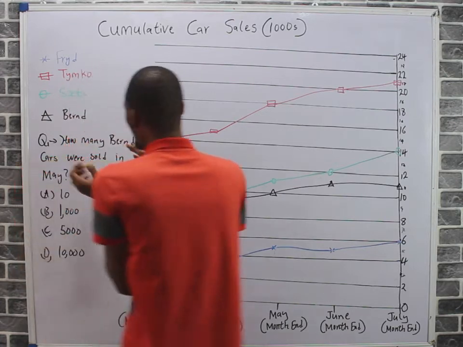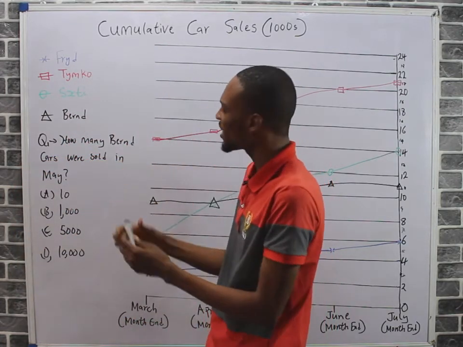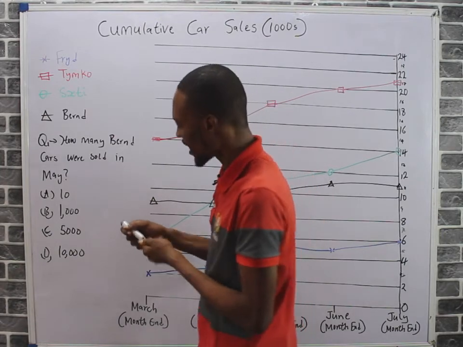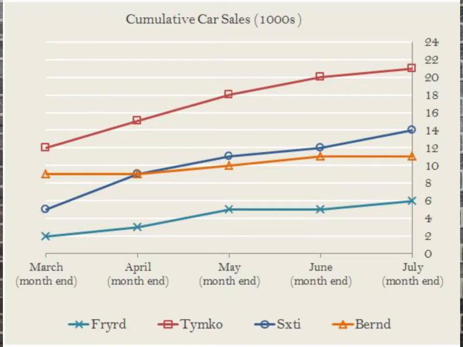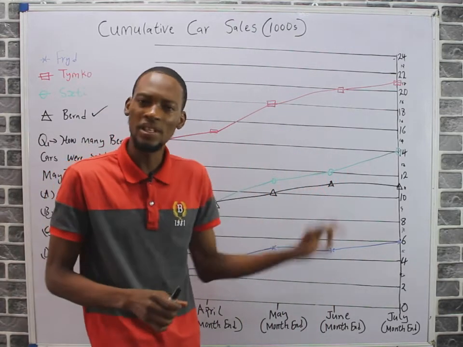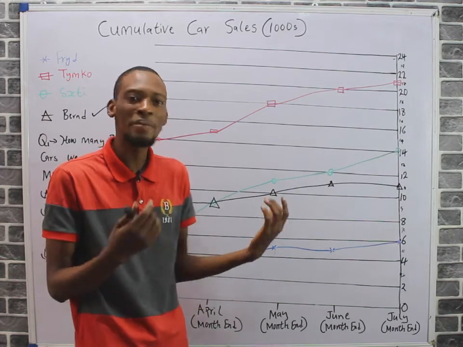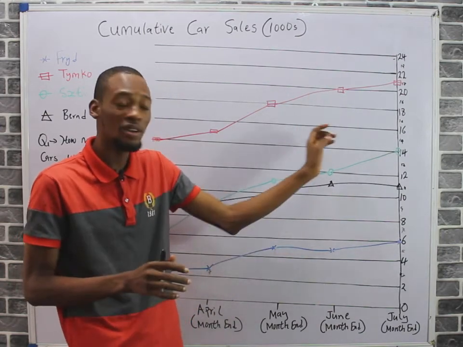Now, how many Bernd cars were sold in May? When we talk about Bernd car, we are talking about black, according to this graph. In questions, they can give you any color. What they just need you to do is to know that this color represents this and that color represents that. So don't be carried away by the color, which is more beautiful among all of them.